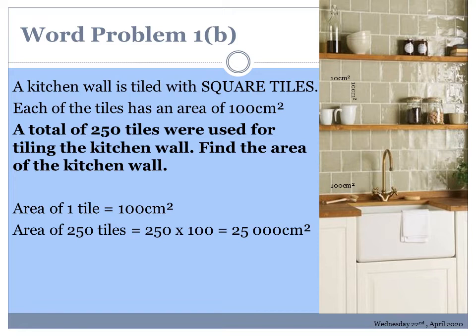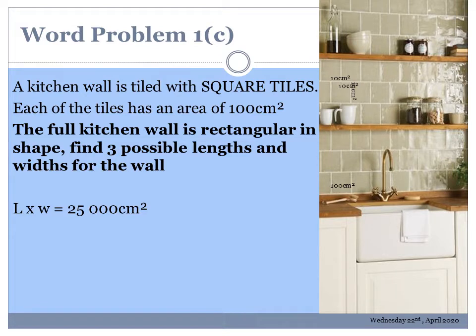So what is the area of all the tiles in the kitchen? 250 multiplied by 100 is 25,000 centimeters square. So the total area of this kitchen wall that you're looking at is 25,000 centimeters square.